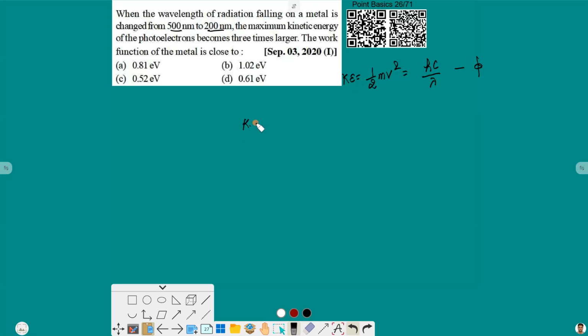So initially kinetic energy was KE, and it was hc, which is 1240 electron volt nanometer, divided by lambda, and initial lambda is 500 nanometer, minus phi. Now kinetic energy becomes 3 times, so 3 KE is equal to 1240 electron volt nanometer divided by 200 nanometer minus phi.